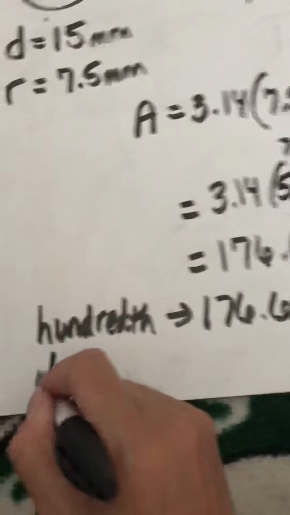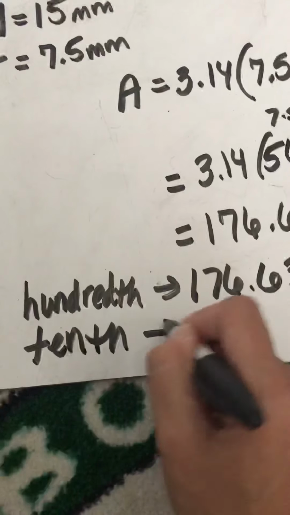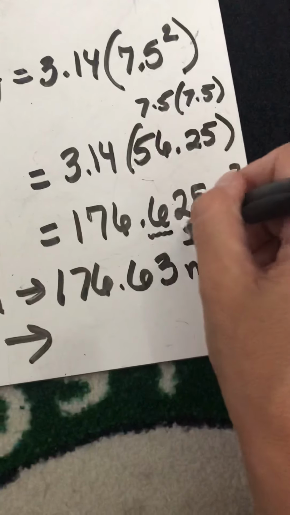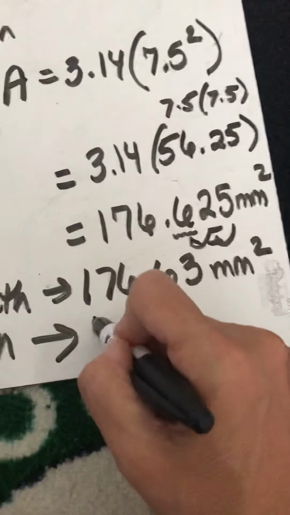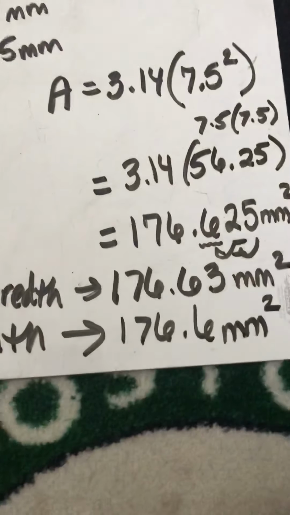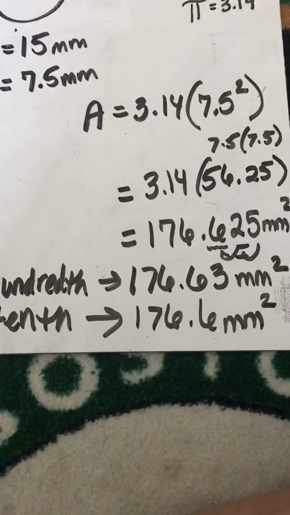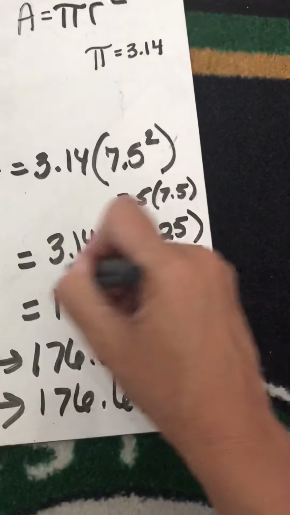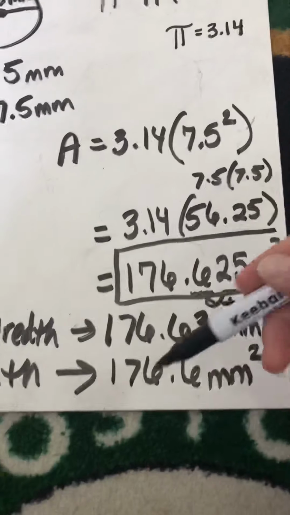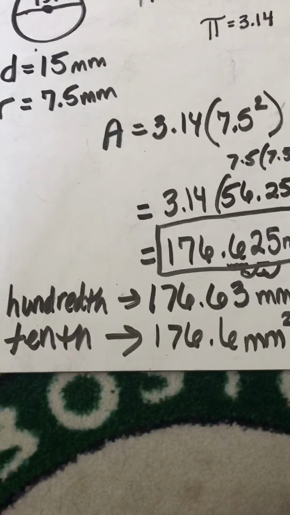Wait, round to the tenths. Okay, again, look at the tenths place. Oh, that 2 really has no effect, and you can just drop it. So again, not asking you to round, leave it. They ask you to round, make sure you know your place values.